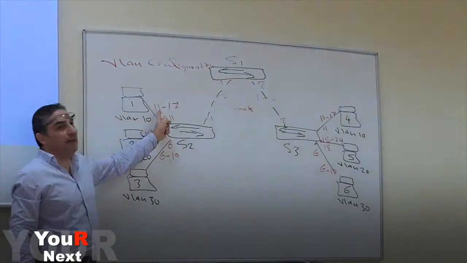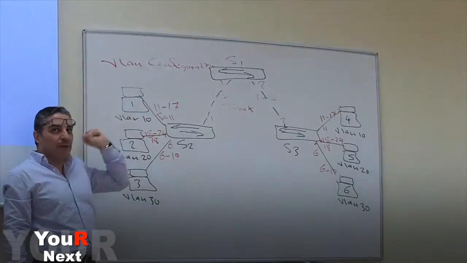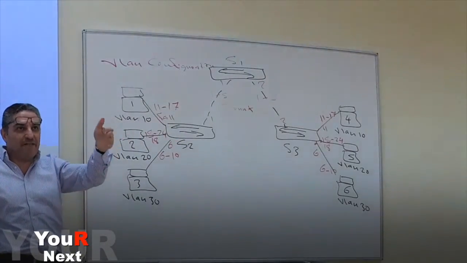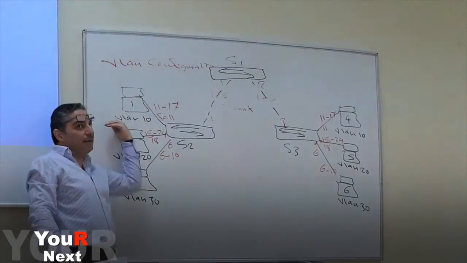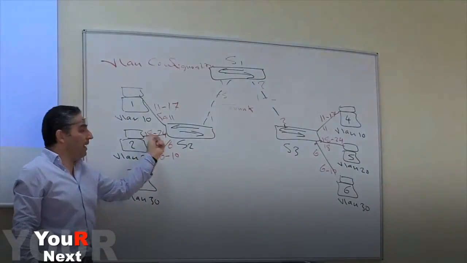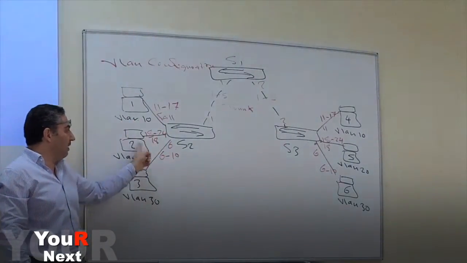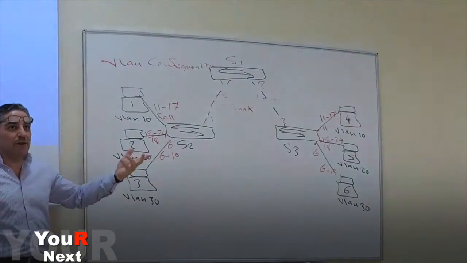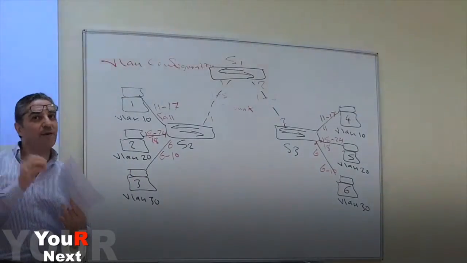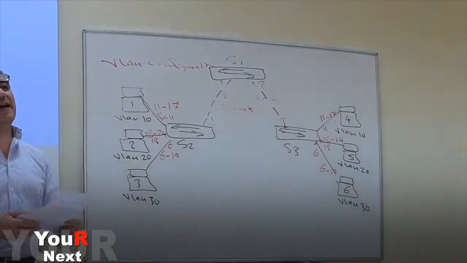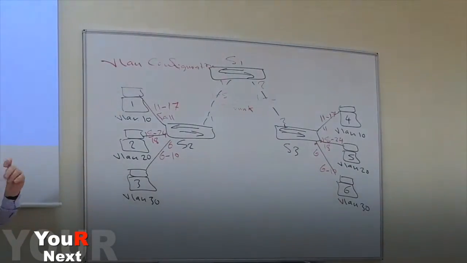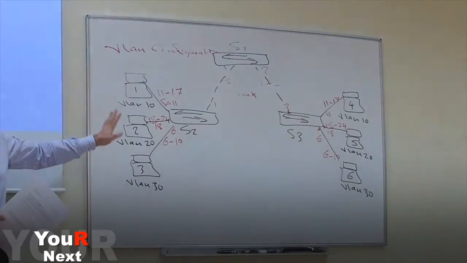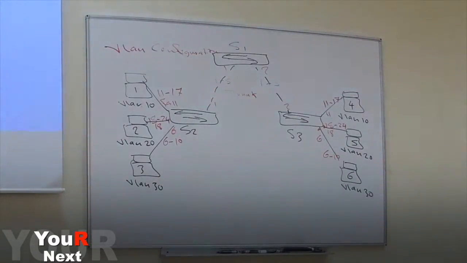For example, for this connection, I'm going to take some ports from 11 to 17: 11, 12, 13, 14, 15, 16, 17. I'm going to add them to VLAN 10. And then later 18 to 24 to VLAN 20. From 6 to 10, VLAN 30, and so on. So most important, if you connect the wrong port, you get a conflict, you cannot get anything right. So the first step is to connect the port numbers exactly.